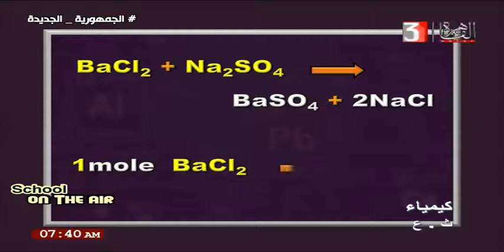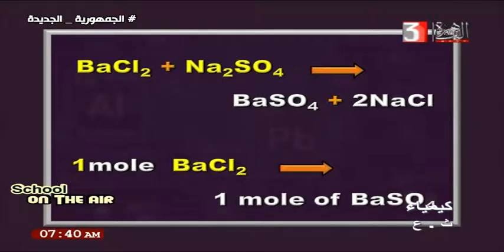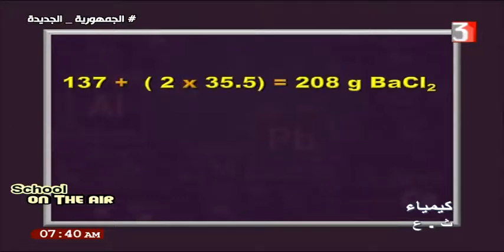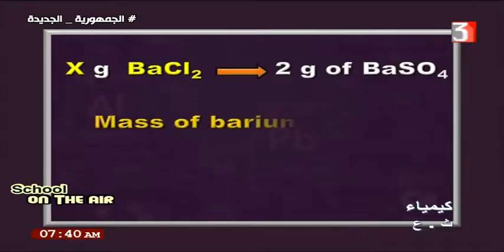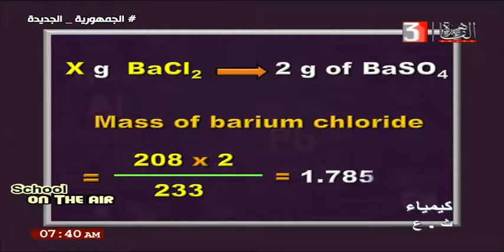So 1 mole of barium chloride gives 1 mole of barium sulfate. Then, by getting the molar mass of each of barium chloride and barium sulfate, the mass of barium chloride that gives the precipitate 2 gram of barium sulfate equals 1.785 gram, as shown on the screen.